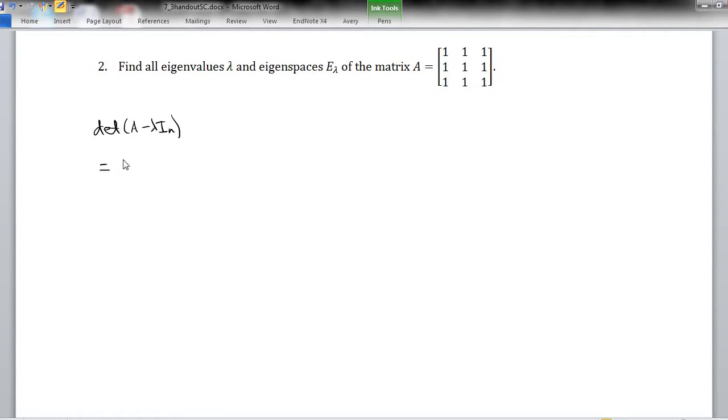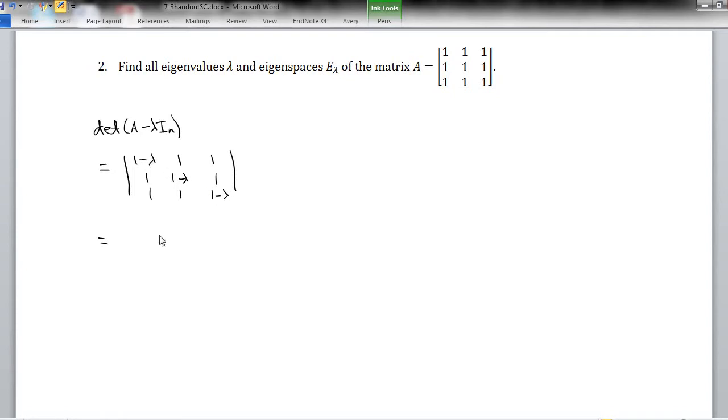And sometimes for determinant, people just put vertical bars on the matrix, and that means take the determinant of the matrix. So I'll use that notation, and we're just supposed to subtract lambda from the main diagonal entries, so we get 1 minus lambda, 1, 1, and then 1, 1 minus lambda, 1, and 1, 1, 1 minus lambda. Okay. And you can copy the first couple columns over here if you want.